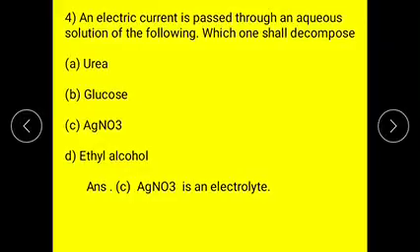The remaining are all non-electrolytes, because they do not have any capability to split into ions. Silver nitrate acts as an electrolyte. On ionization it produces Ag plus and NO3 minus ions, but urea, glucose and ethyl alcohol do not give any ions on electrolysis.